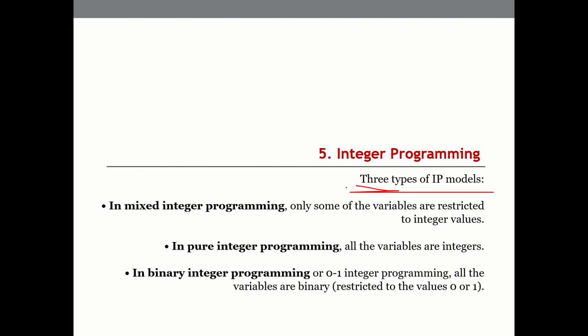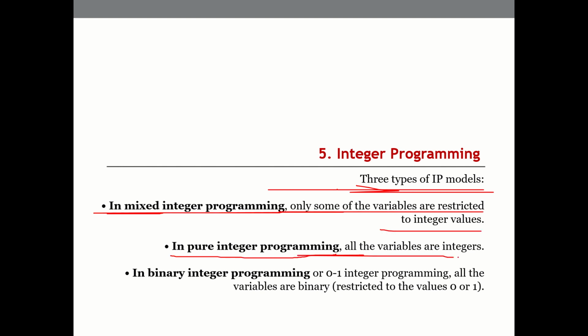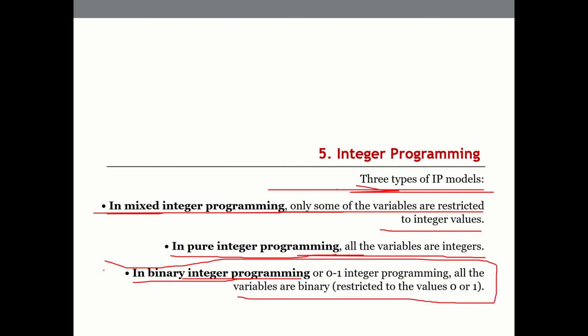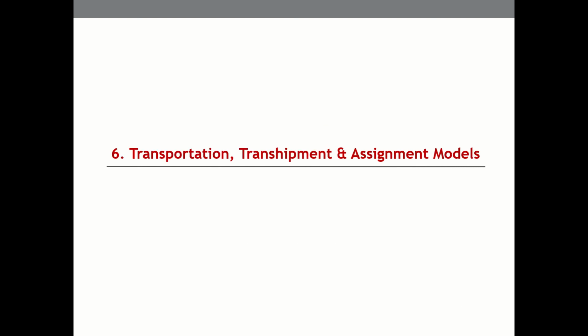There are three types of integer programming models. In the mixed integer programming model, only some of the variables are restricted to integers. In pure integer programming, all the variables are restricted to integers. In binary integer programming, or 0 and 1 integer programming, all the variables are binary, restricted to 0 and 1.